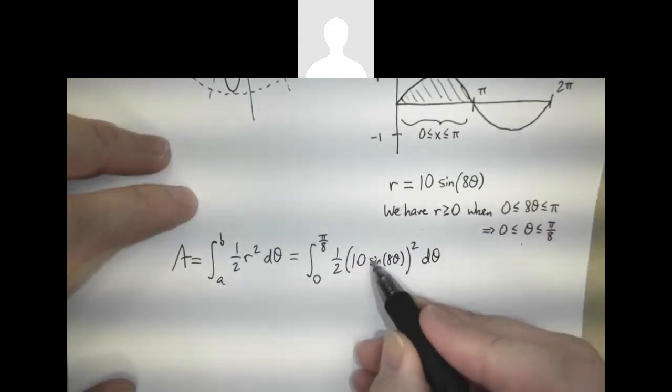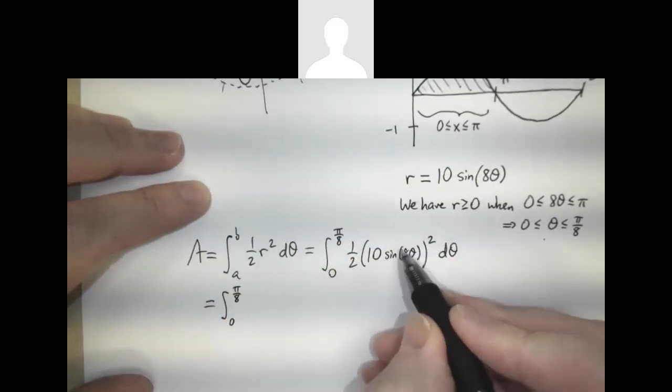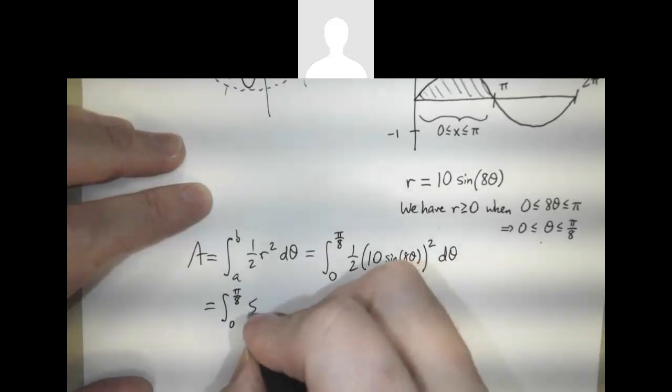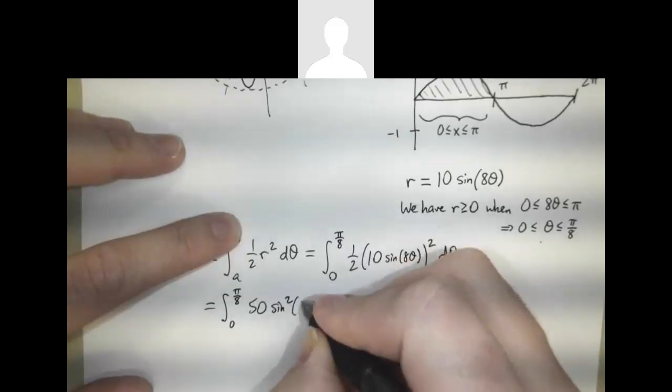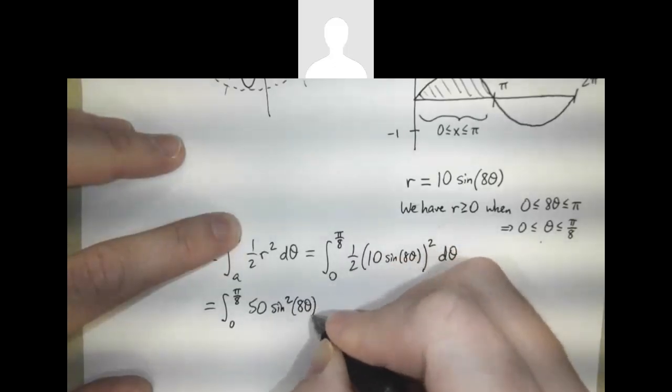So let's multiply this out. Square the 10 and square the sine. Get the integral from 0 to pi over 8. 1/2 times 10 squared, well, that's 50, and then sine squared of 8 theta.